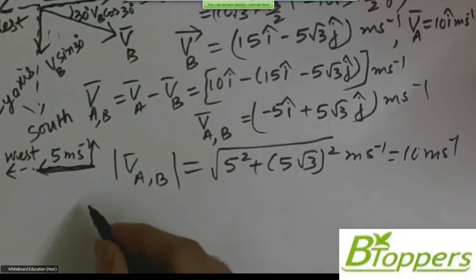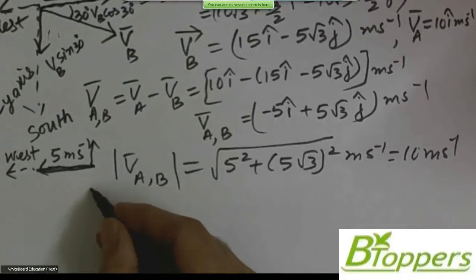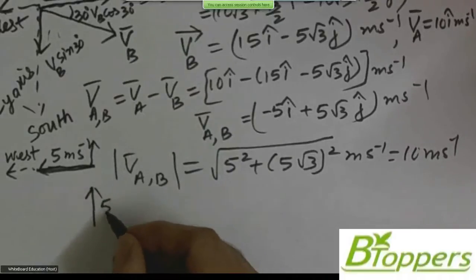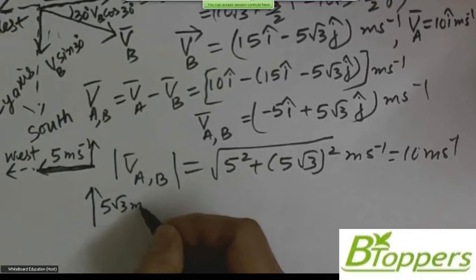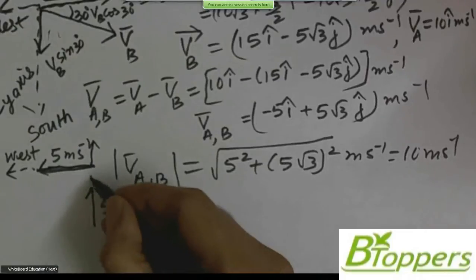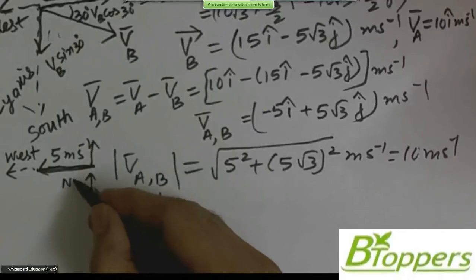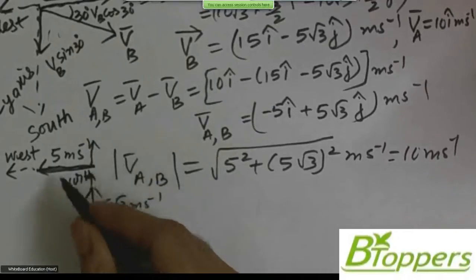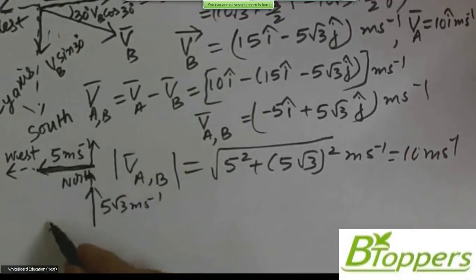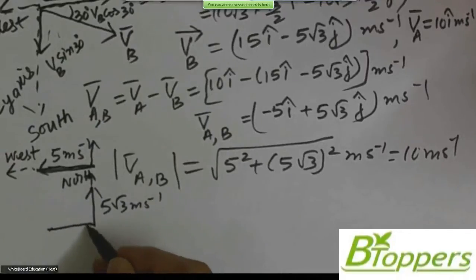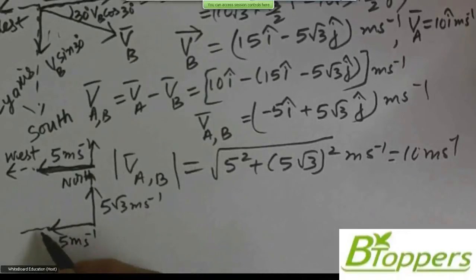To know the direction, you can draw a figure here showing the component of velocity. The y component of relative velocity has a magnitude of 5 root 3 meter per second, directed in the positive y-axis towards north. Again, I am showing this component again here. The x component of relative velocity has a magnitude of 5 meter per second, directed towards west.